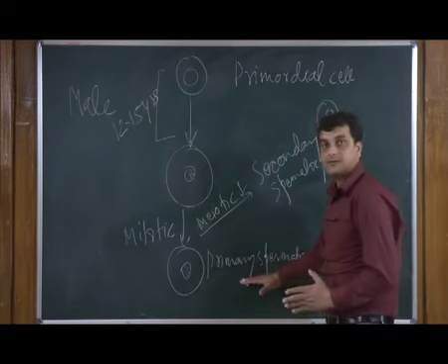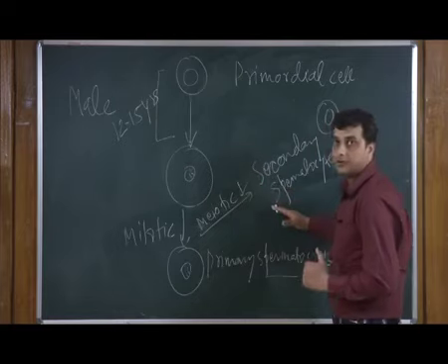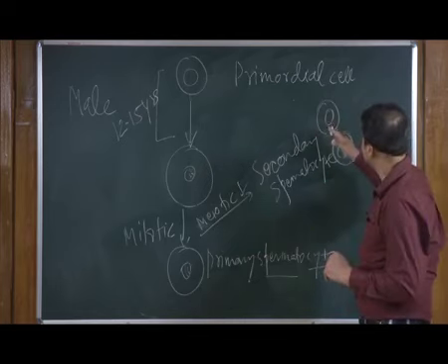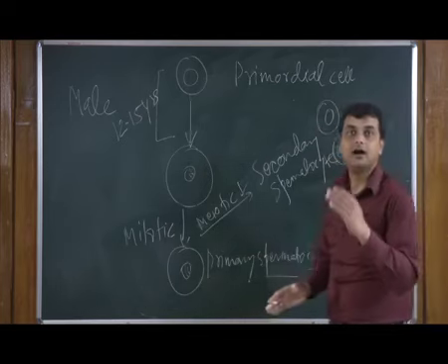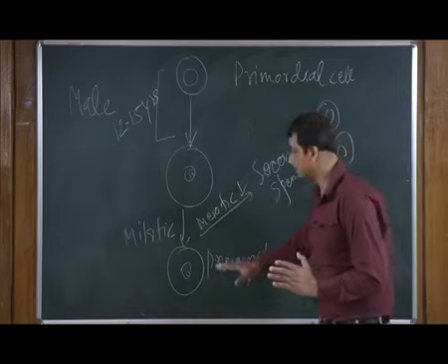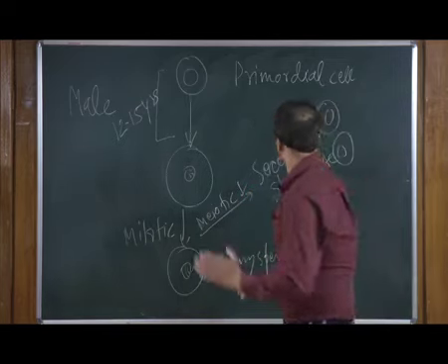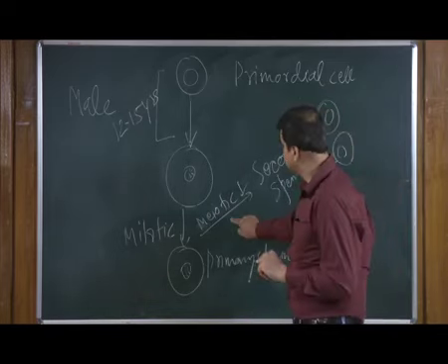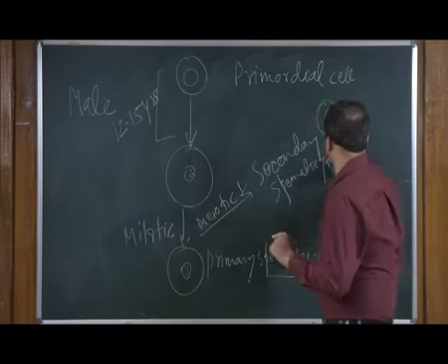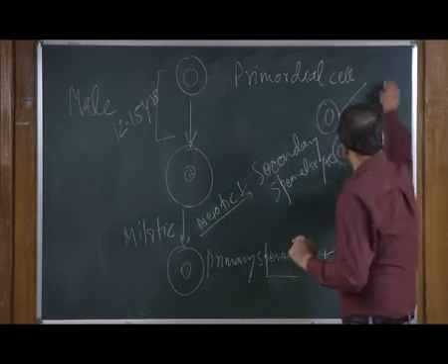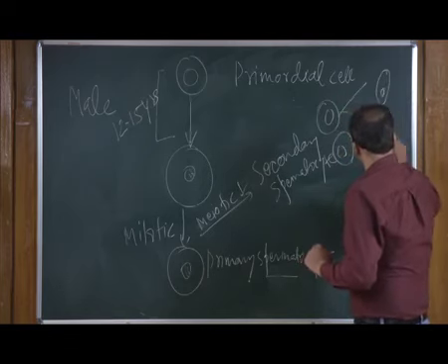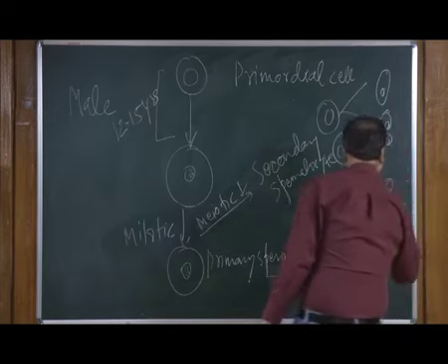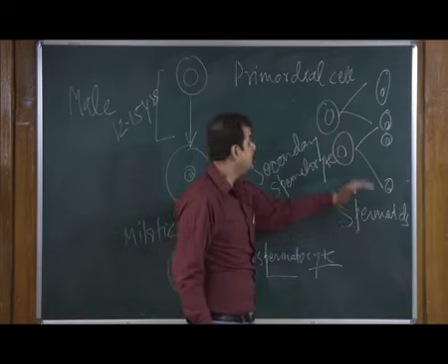So, the primary spermatocyte will be converted into secondary spermatocyte by meiotic division 1, and in this case we will get 2 secondary spermatocyte having the half chromosome number as what was there in the primary spermatocyte. This secondary spermatocyte will undergo the second meiotic division, and then second meiotic division will eventually give the 4 spermatids. So, these are actually 4 spermatids coming after.